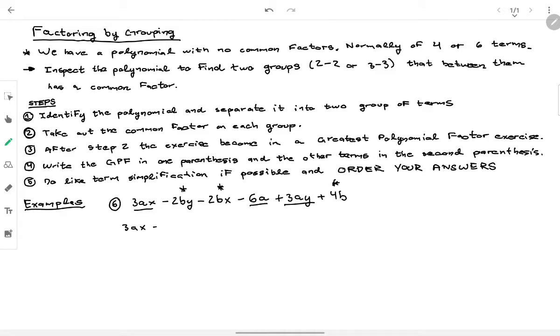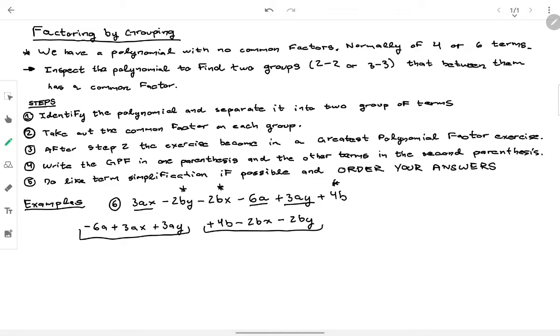So we can put it like 3ax plus 3ay. We can put the minus 6a at the beginning. And on the second group, it's going to be plus 4b minus 2bx minus 2by. So let's see. On the first group of terms, we have those that have something in common.